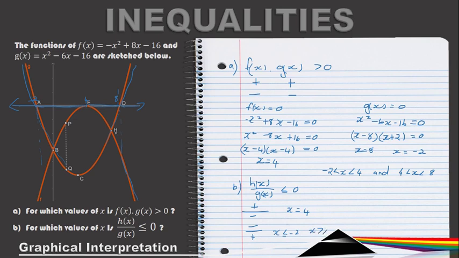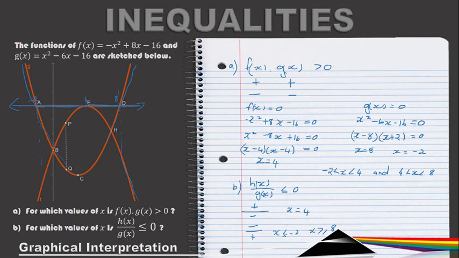But now we need to be careful, because this denominator can't be equal to 0, as that would make it undefined. Because we can't make g(x) 0, the x values of minus 2 and 8, these two points, can't be included in our restriction.